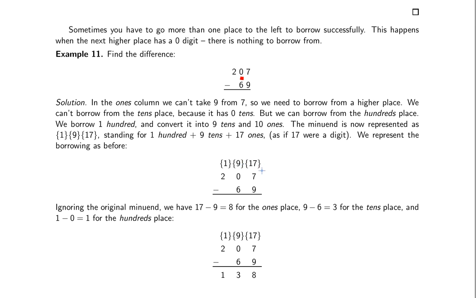And that 10 we borrowed, add that to the 7, we get 17. Yeah, so it's complicated. But now we can do the subtractions: 17 minus 9 is 8. 9 minus 6 is 3. And 1 minus 0 is 1.